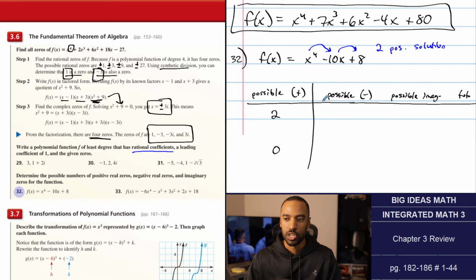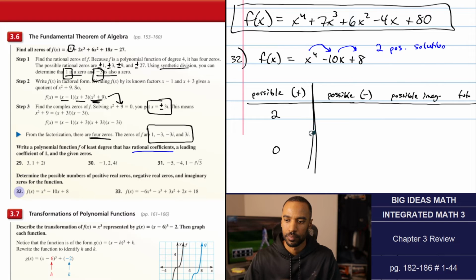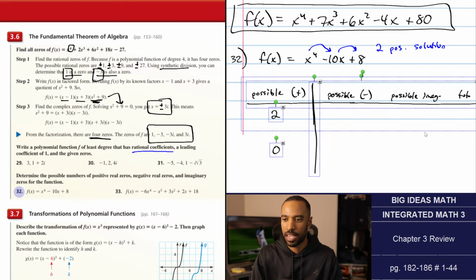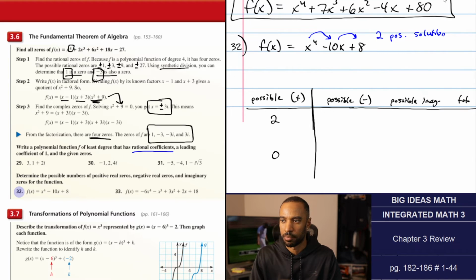Now, let's start talking about negatives before we move on to the rest of the set. For negatives, the way to figure this out is you take f of negative x. Substitute negative x into here and see what the result looks like as far as sign changes go.